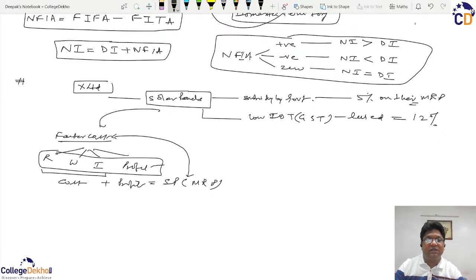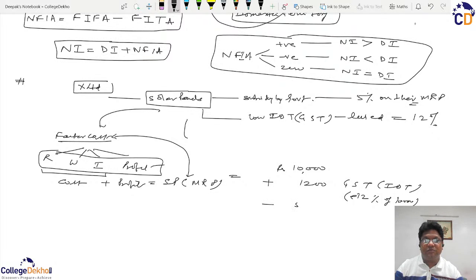So if we say that the solar panel's MRP was rupees 10,000, now we have to add GST on it, that is the indirect tax, and because it is 12%, it comes out to be 1200, at the rate of 12% of 10,000. And we have to deduct the subsidy from it, which must be 500, that is 5% of the base price, 10,000.